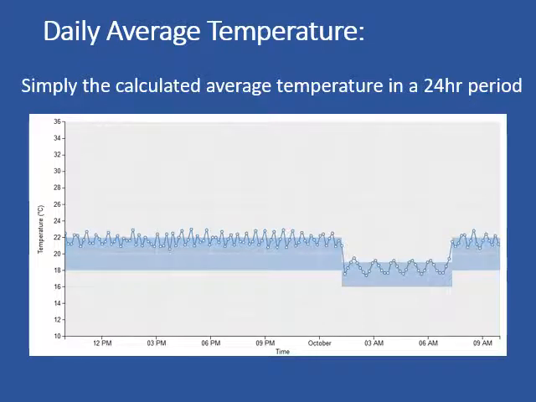This is another look at calculating daily average temperature. So here we've got a heating system that's trying to maintain 22 degrees Celsius during the day, and then at night it's dropping down to an average of about 18, and then it's back up again. So sort of a typical graph.